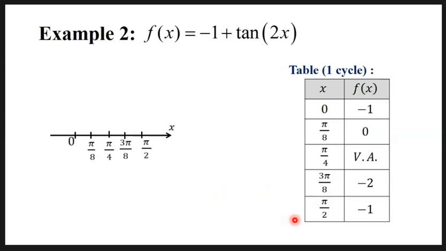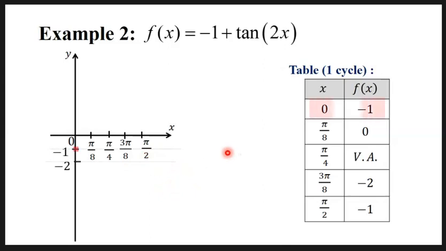Next, I go on with the y-axis and insert the corresponding y values that I need to use for reference. In this case, it is minus 1, minus 2, minus 1, and 0. So these are the values that I want to use for reference. And now we start the plotting.